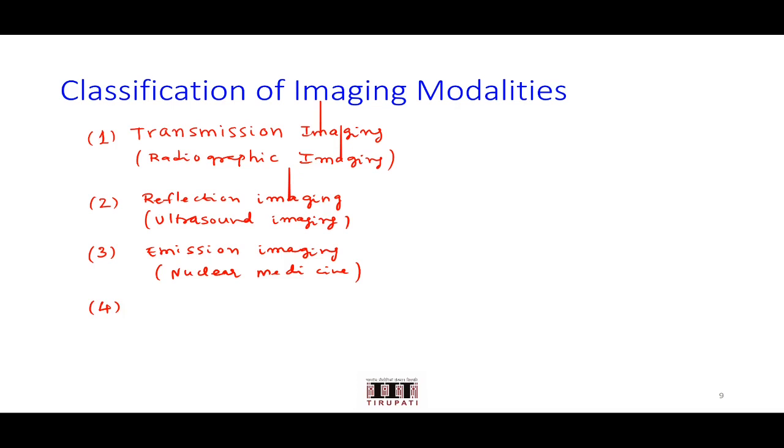And also the fourth one, we would look at magnetic resonance imaging. This is also referred to as MRI, I'm sure most of you have heard about it. We will also see some of the key historical milestones in each of those imagings.